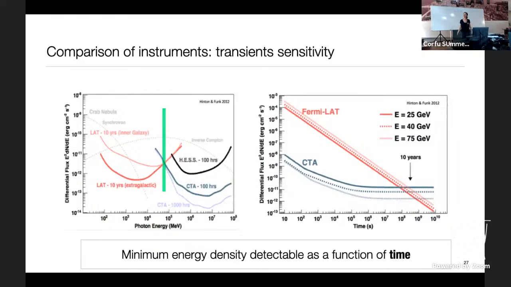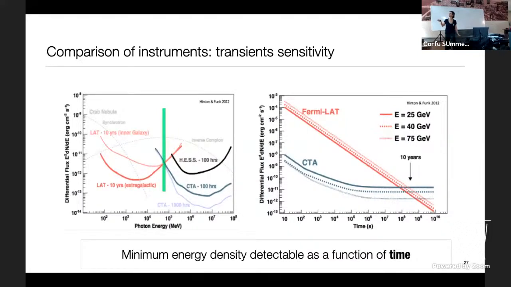Another thing to take into account when you compare instruments is the transient sensitivity. Again, here we have E squared N over V, so the spectral energy distribution plot, but considering the minimum flux detectable by an instrument. This time we are looking at it as a function of time.